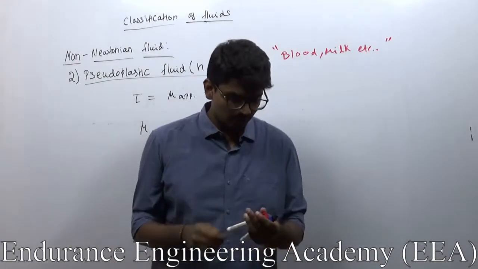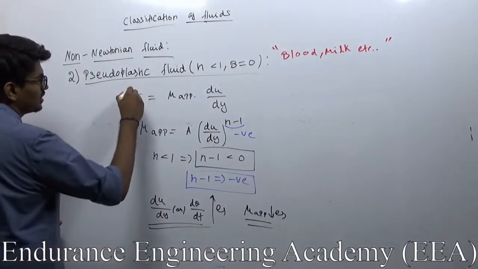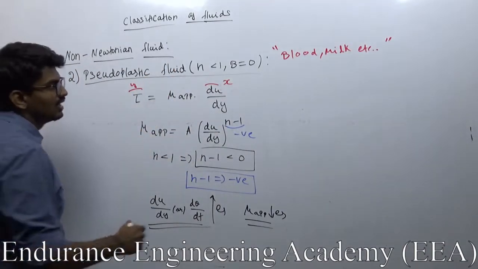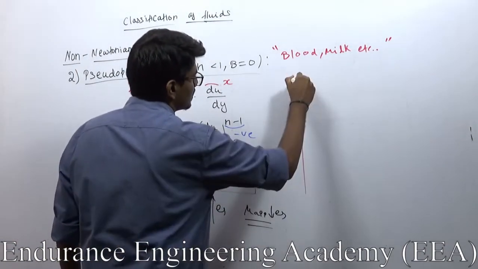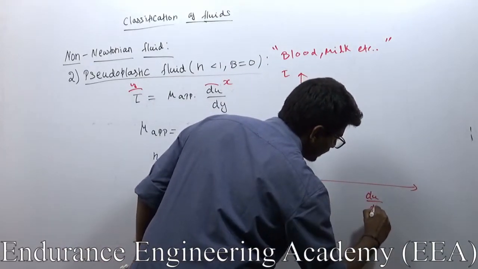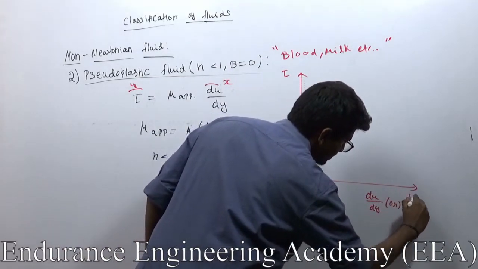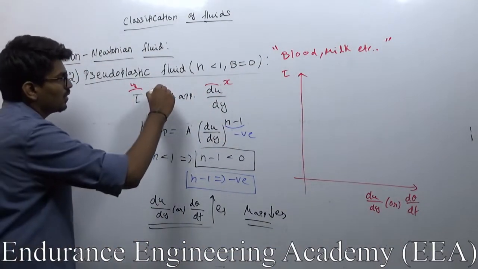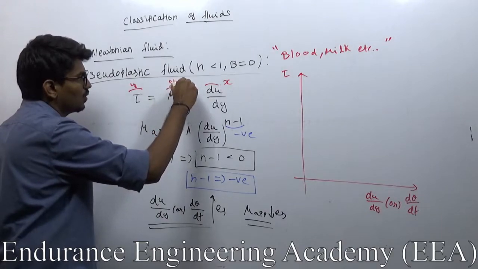Now the same story here, if I want to take tau on the y-axis and du by dy on the x-axis, then I plot it like this. du by dy or d theta by dt, both are the same, and mu apparent is my slope, right? So now what is happening?